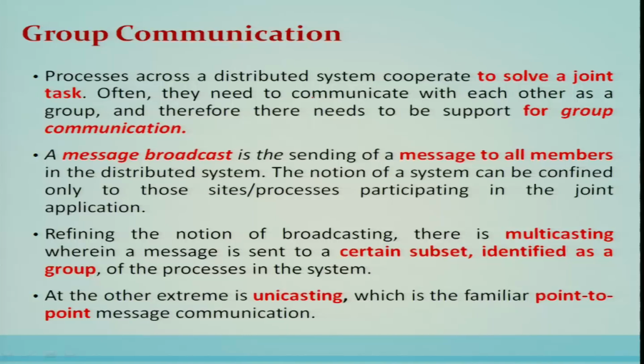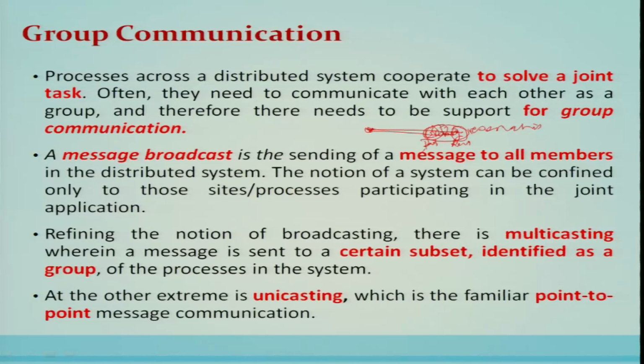An example of such applications is a railway reservation system, which comprises several nodes, so the person outside can directly communicate to this set of systems, which includes a bank and the railways and so on, and this system requires group communication.